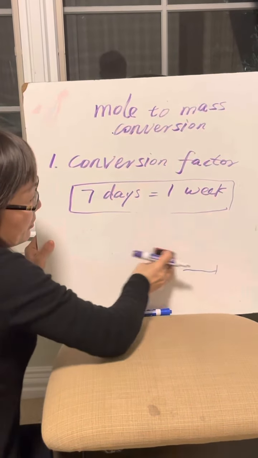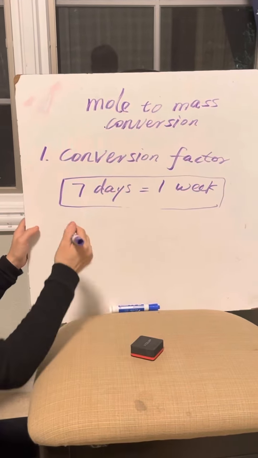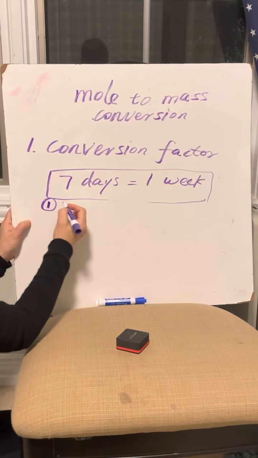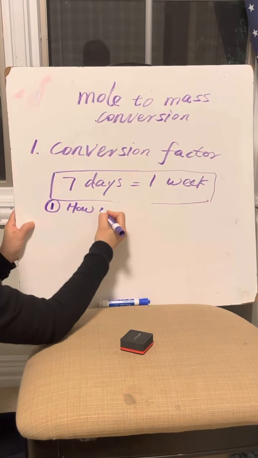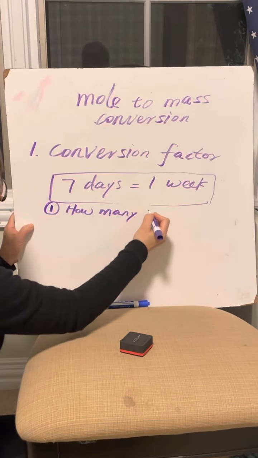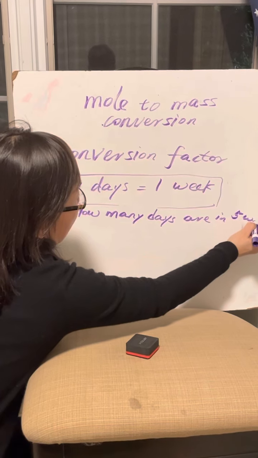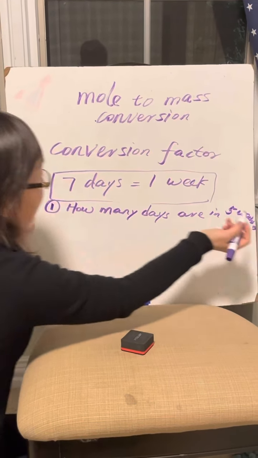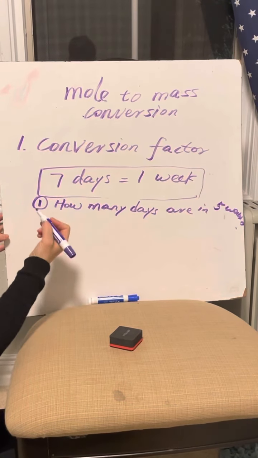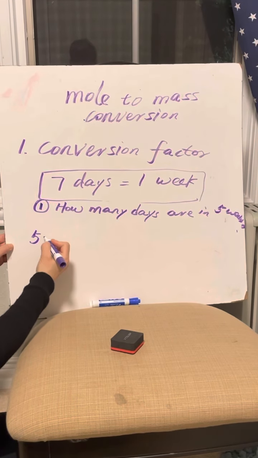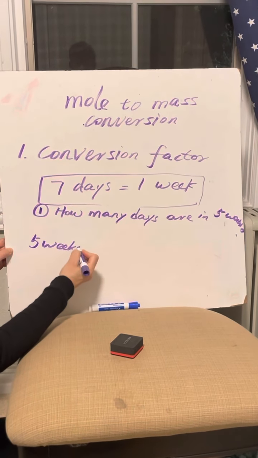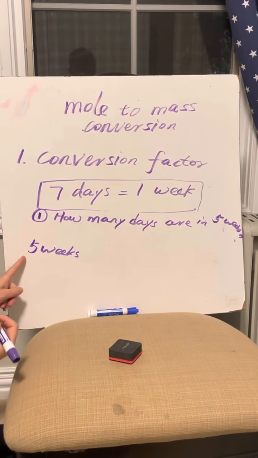I'm going to give you a couple of examples. One question is, how many days are in, let's say, 5 weeks? First, write down what you already know. You know 5 weeks, and you want to change this to days.